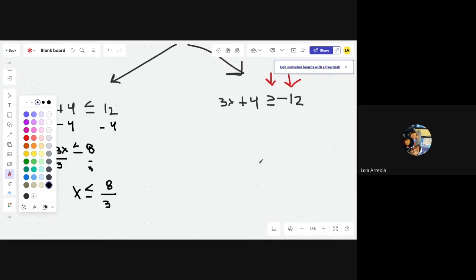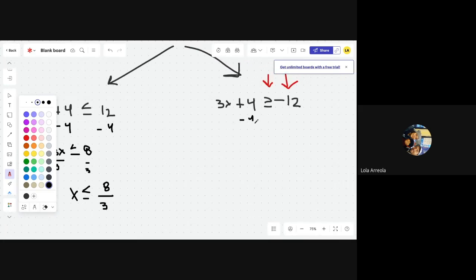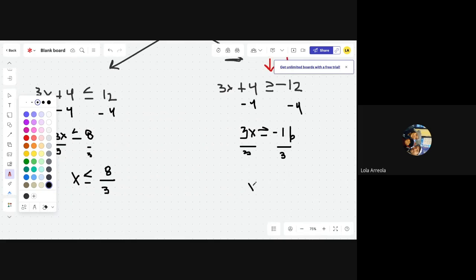Same thing over here. Minus 4, minus 4. 3x is greater than or equal to negative 16. Divide by 3. X is greater than or equal to negative 16 over 3.